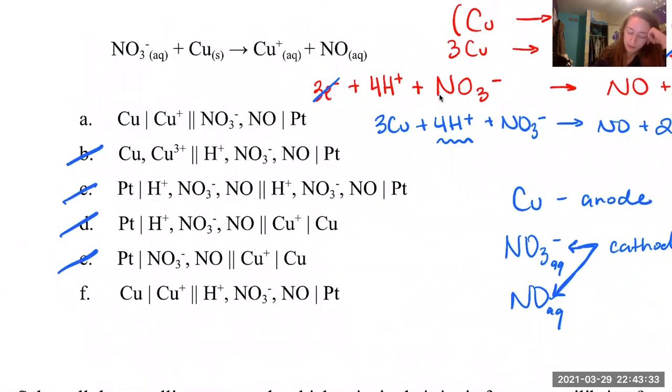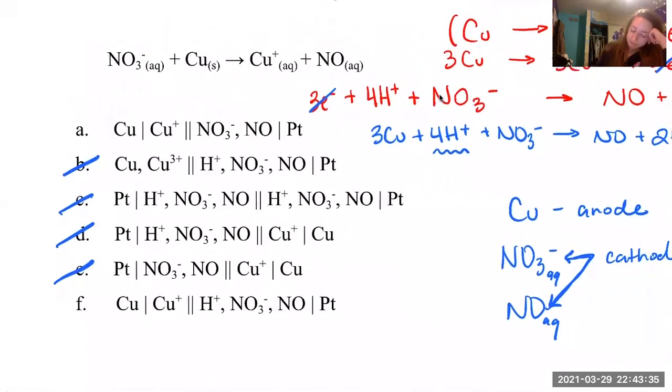That is not what we're dealing with. So we're between A and F at this point, okay? Our platinum is at the cathode solid side because we don't have any solid electrode at the cathode side, only aqueous, okay?